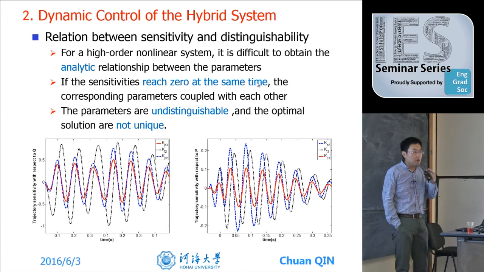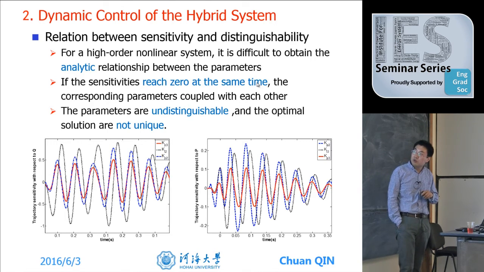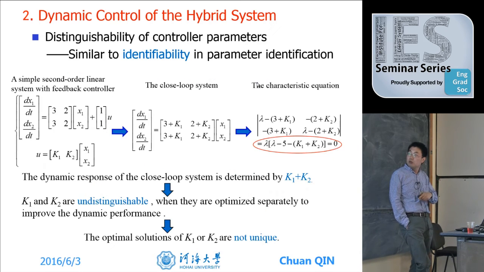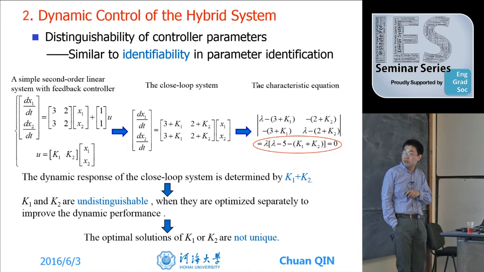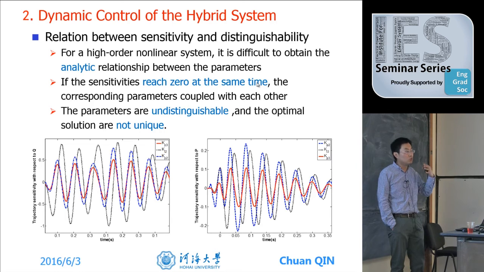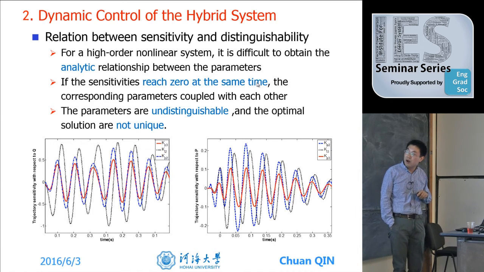So we have some mathematical proof, but maybe not strict, that if the sensitivities reach 0 at the same time, the corresponding parameters are coupled with each other or have relations with each other, just like K1 plus K2. But the relationship is difficult to get. So the parameters are indistinguishable, and the optimal solution is not unique.